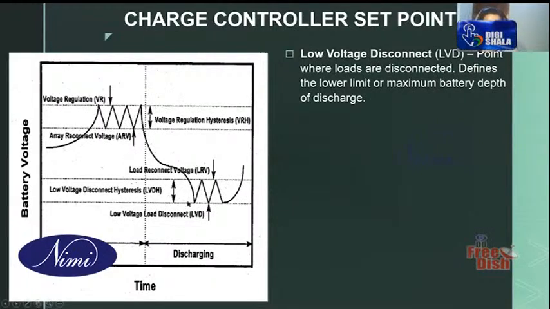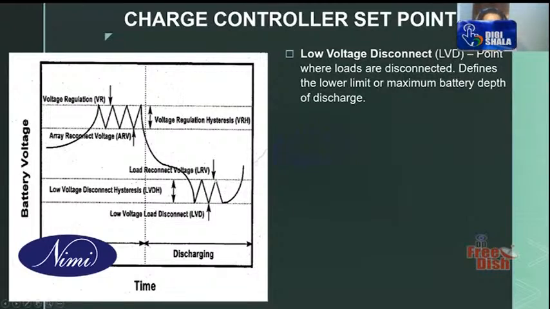Okay, now again the battery should be charged. The battery will be charged again, and will be connected. But your load will not be connected again immediately. When it reaches a certain voltage, suppose 11 volts or 12 volts, at 12 volts your battery will again be connected to the load.